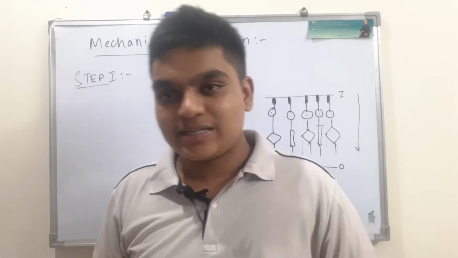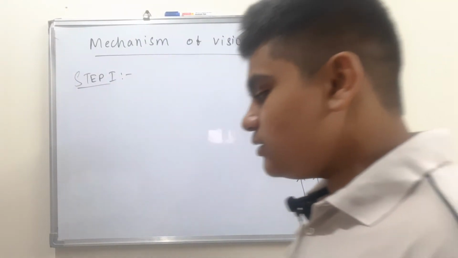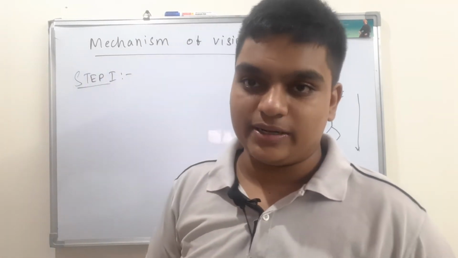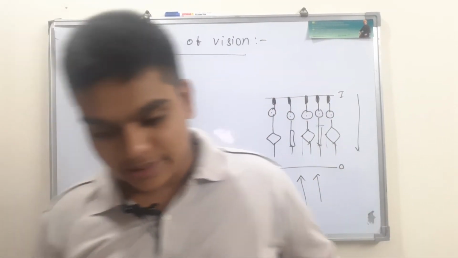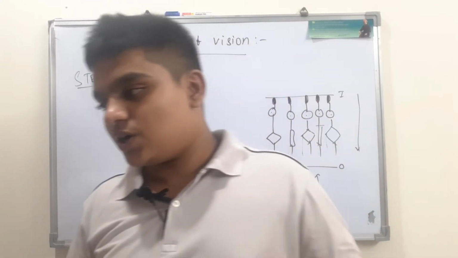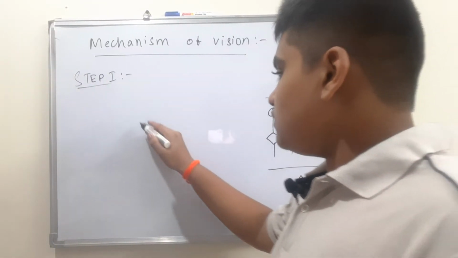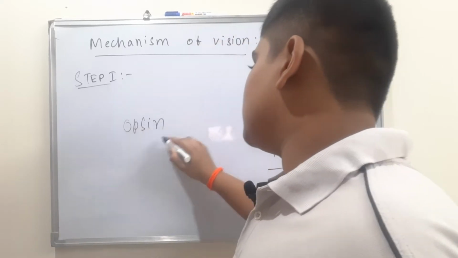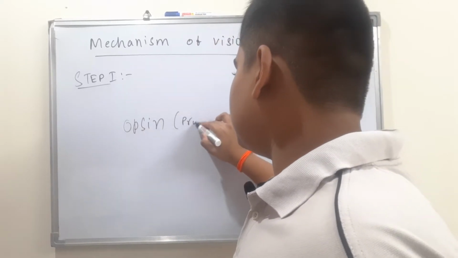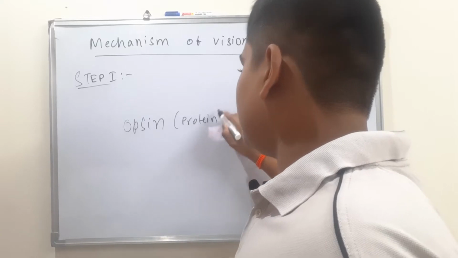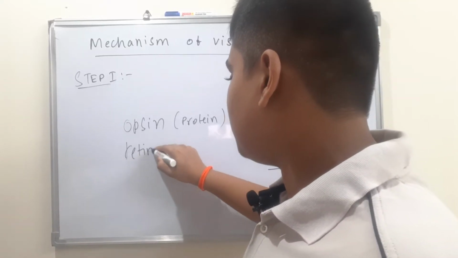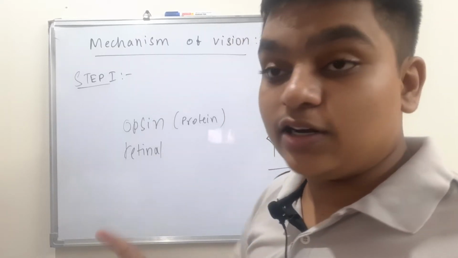As I told you in the previous lecture, we have photopigments. We have two types of photopigments. The first one is called opsin, which is a protein. The other is retinal, not retinol.